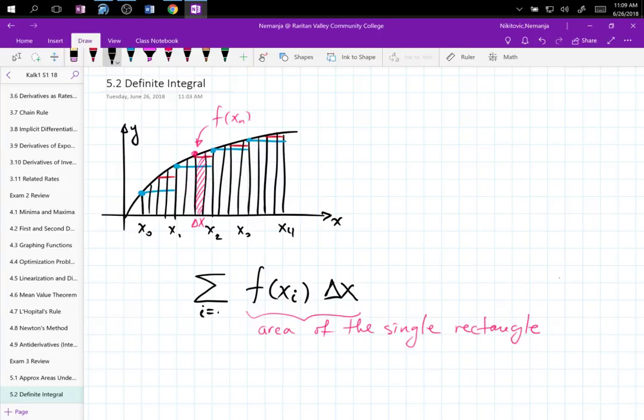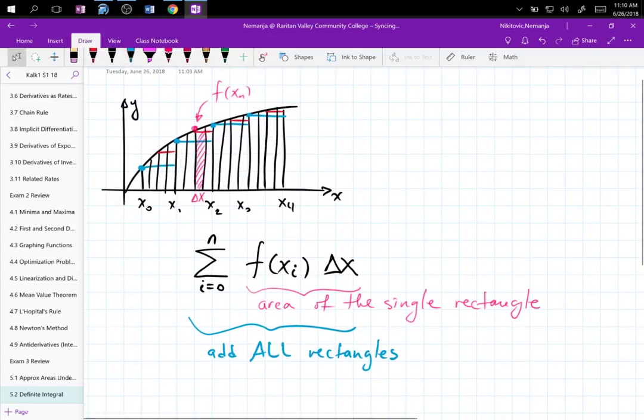So I'm going to start counting at 0 and go to n. This adds all rectangles that are available to us. So the formula part is just the area of the single rectangle. When I put this sum in front, I am adding every single one that is on the pile.